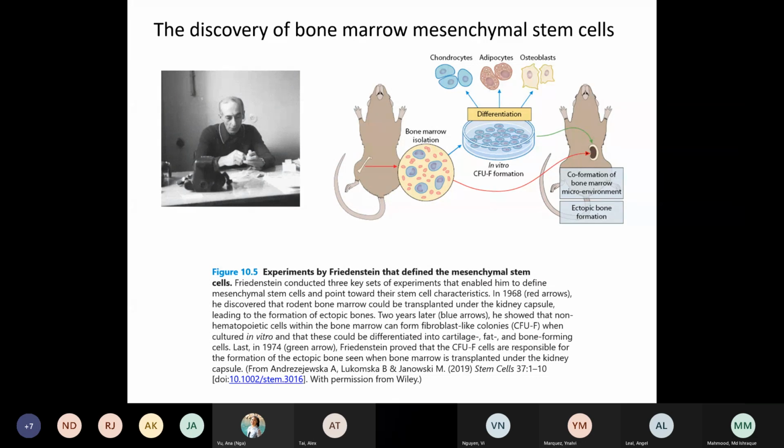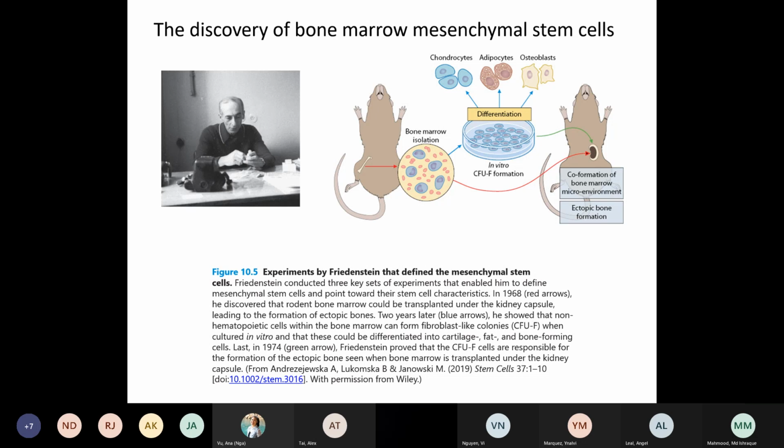So just like in previous occasions, we start with history. This Russian scientist, named Alexander Friedenstein, was the first to describe mesenchymal stem cells.